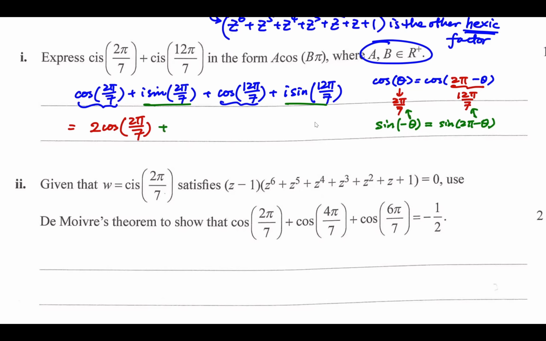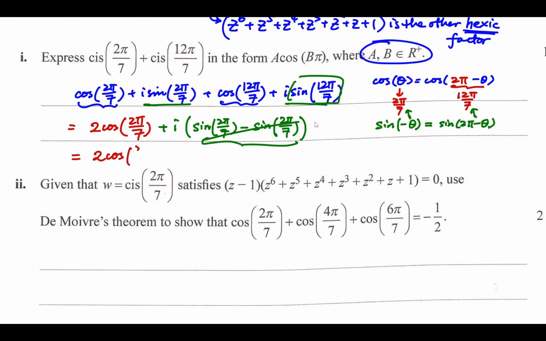You will get a plus i sine 2 pi over 7, subtracting sine 2 pi over 7, okay? Because this term will be negative sine 2 pi over 7. So they should cancel each other out, and you just get a real expression, 2 cosine 2 pi over 7, okay? For example, your a value is 2, your b value is 2 over 7 in front of pi.